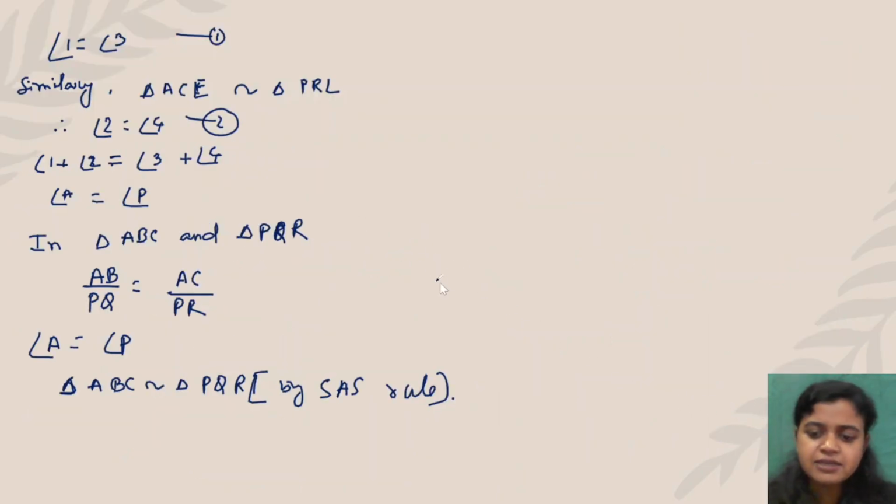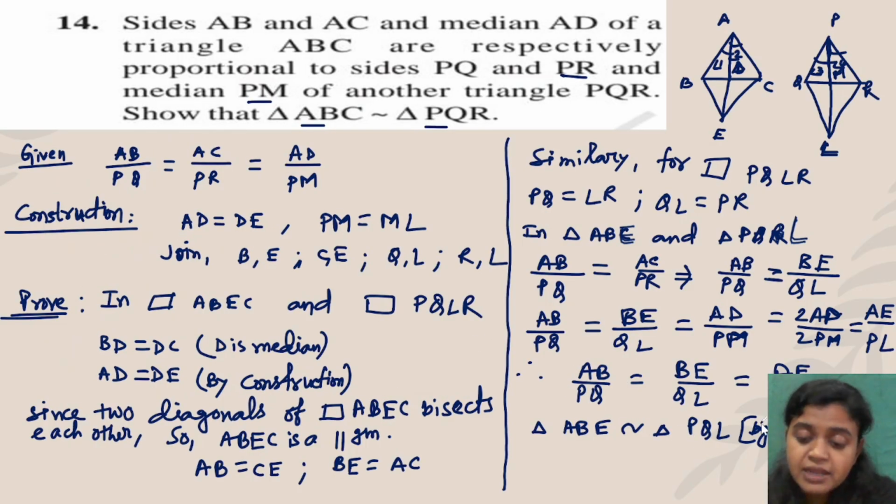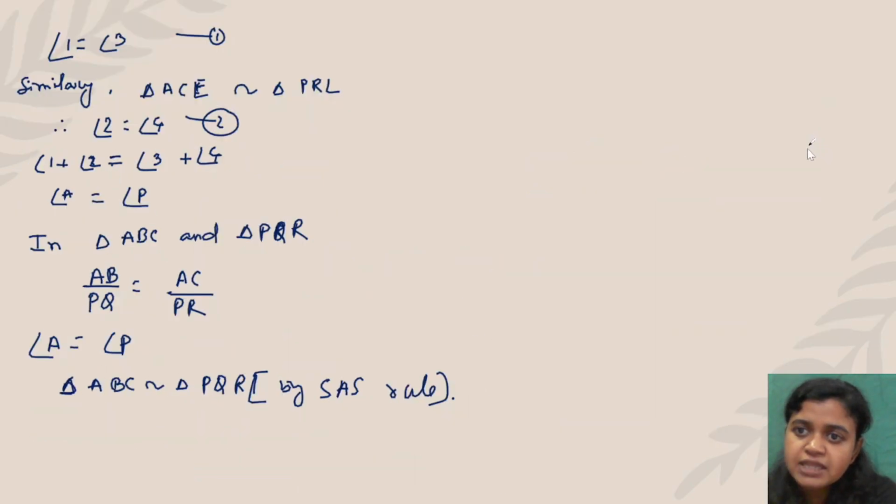Since they are similar, angle 1 equals angle 3. Similarly, triangle ACE and triangle PRL are also similar by the same method, so angle 2 equals angle 4. Adding equation 1 and 2, we get angle 1 plus angle 2 equals angle 3 plus angle 4, so angle 1 plus 2 becomes angle A and 3 plus 4 becomes angle P.